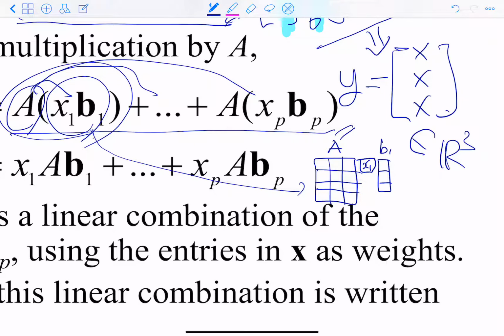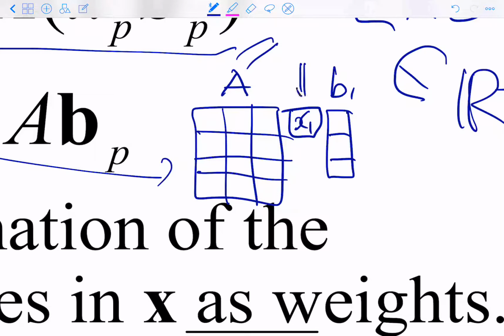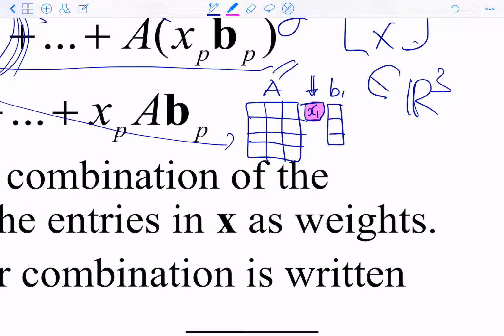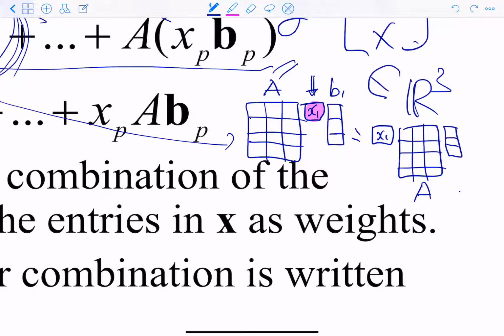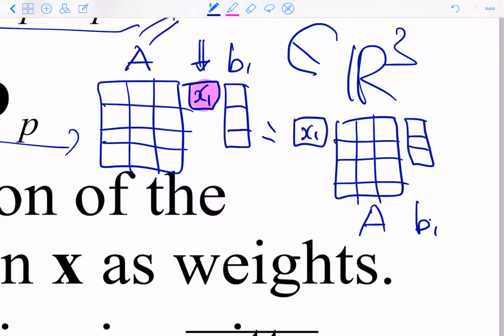This is describing the size of this product of matrix, scalar, and vector. In this case, if this is a scalar, we can freely move it out to the far left, the leftmost part. So we can rewrite it into x1 times matrix A times B1, right?